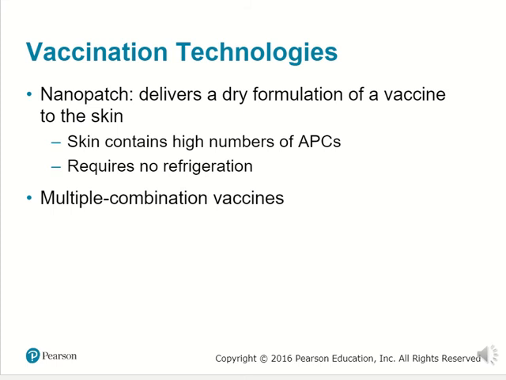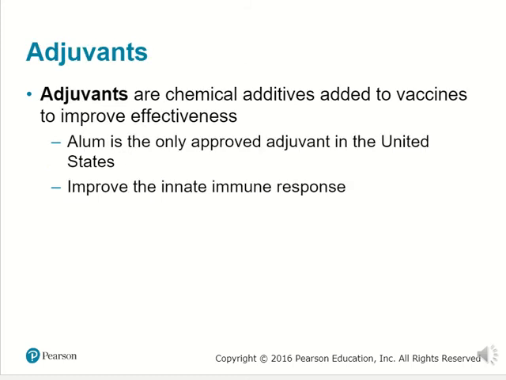Essentially, the skin contains a high number of APCs, and it requires no refrigeration, so it's a way of saving cost on preparing that vaccine. Also, multi-combination vaccines, which help provide vaccination against a multitude of infectious agents. That's the goal, to help make vaccine production more profitable.